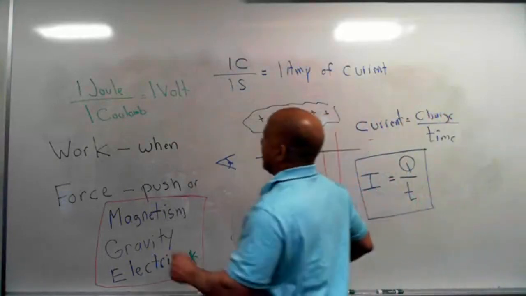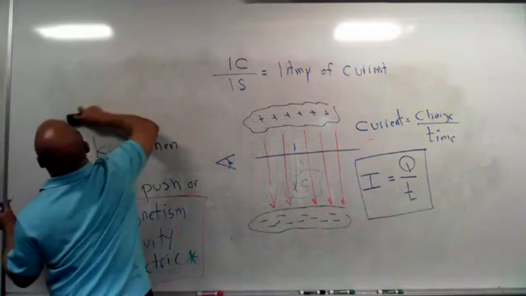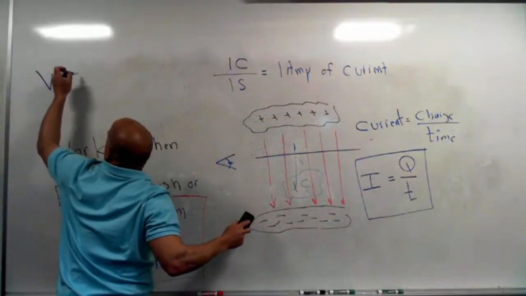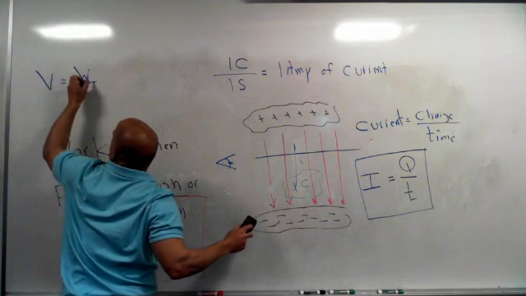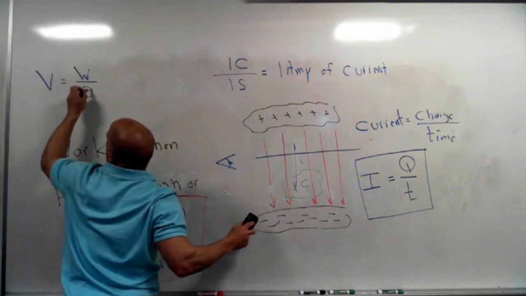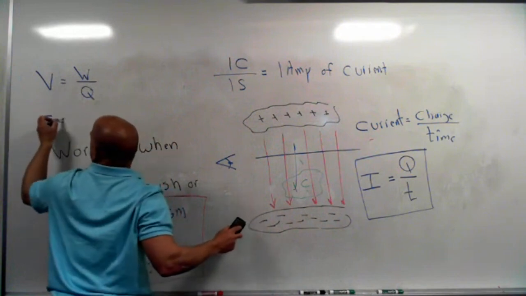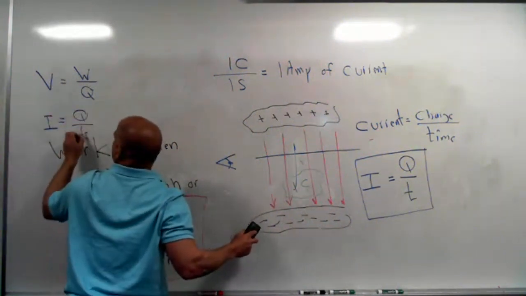So far we have that a voltage is work per unit charge, and now current is charge per unit time.